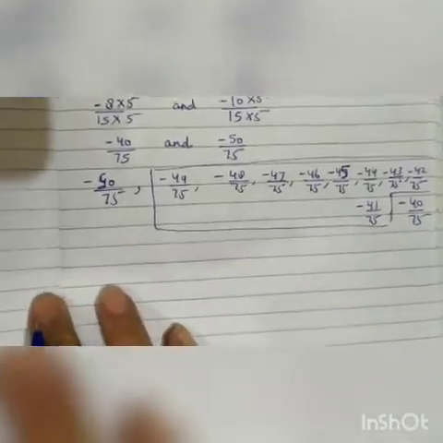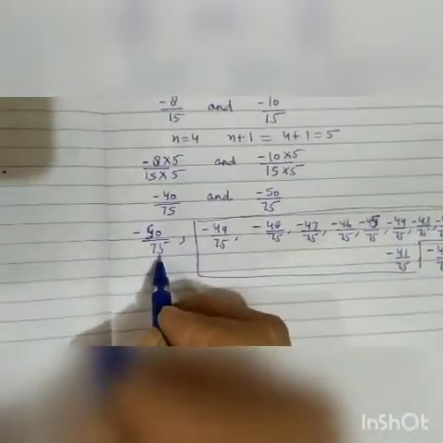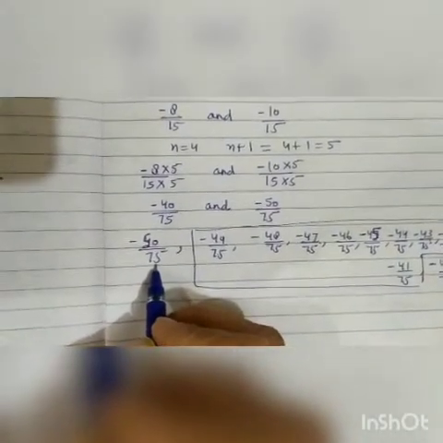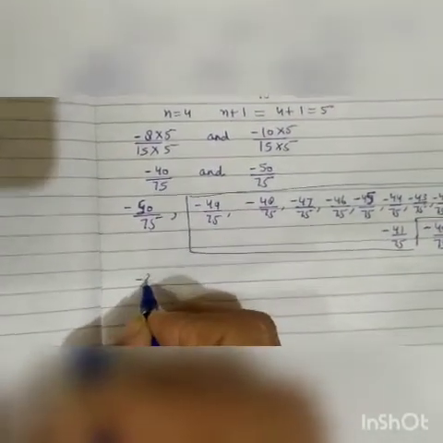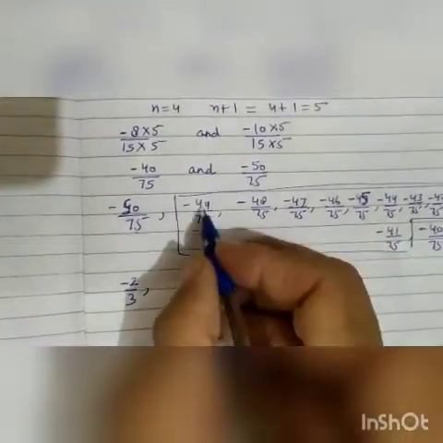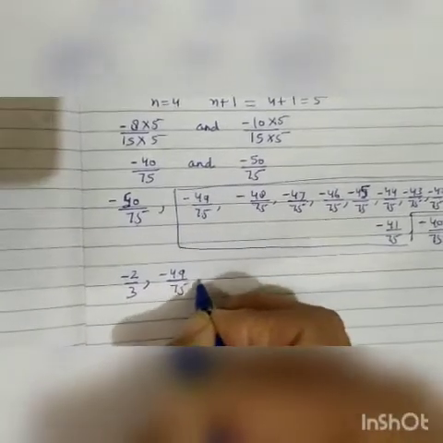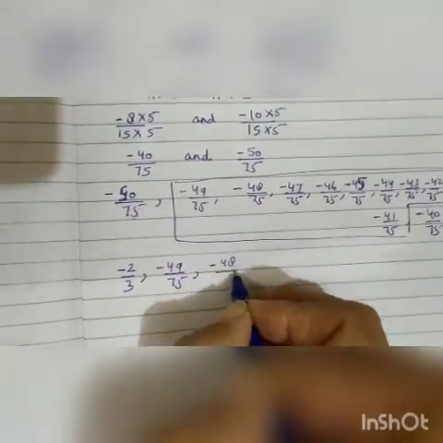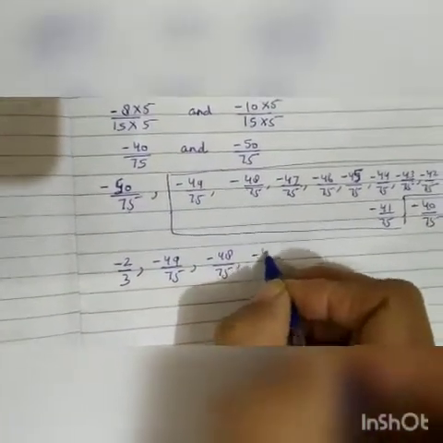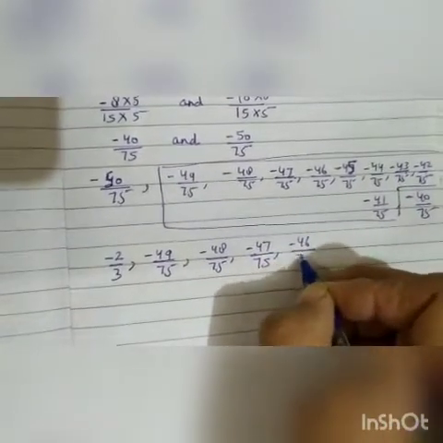So students, we can write any 4 rational numbers. Now minus 50 upon 75 can be written as minus 2 upon 3. Now write any 4 rational numbers. I am writing in series: minus 49 upon 75, minus 48 upon 75, minus 47 upon 75, minus 46 upon 75.